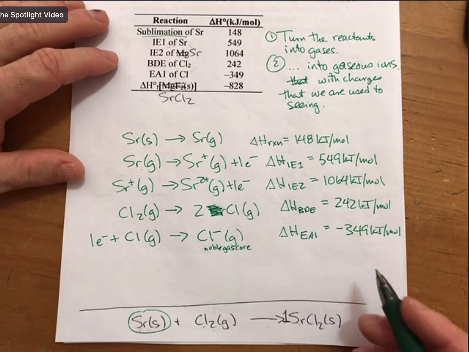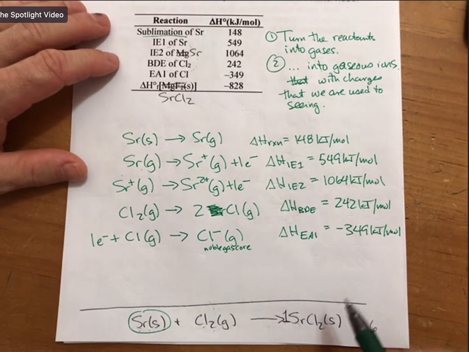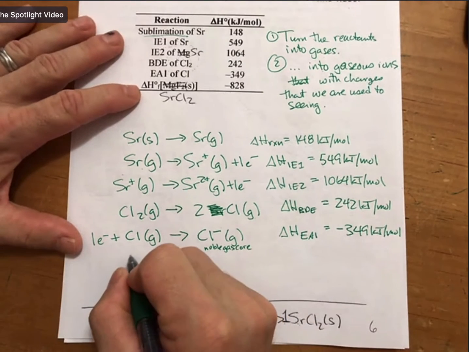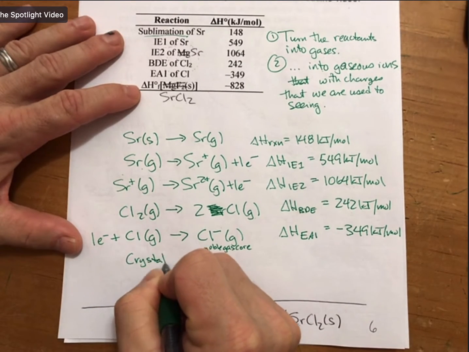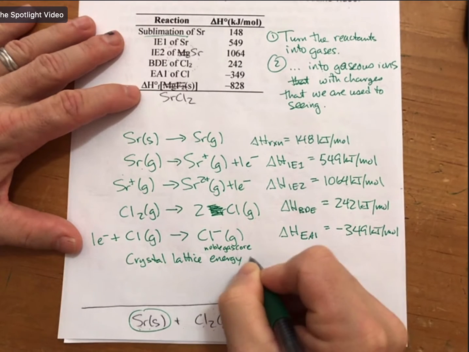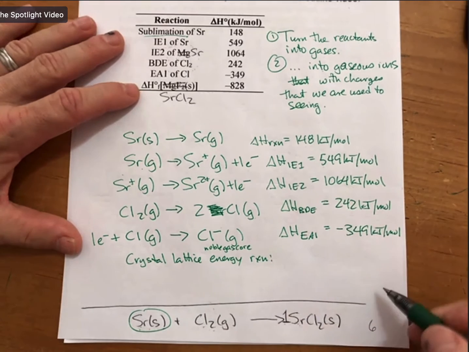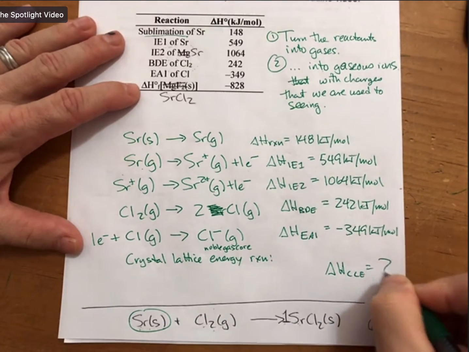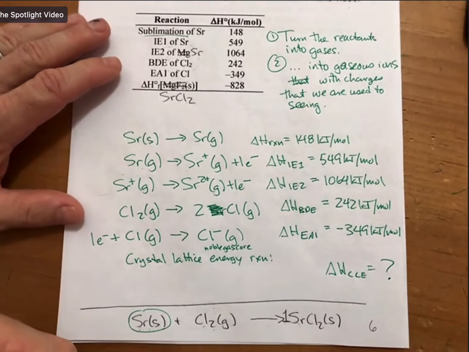Now, okay, we're finally ready. Our last reaction is called the crystal lattice energy reaction. And it's the only one, delta H CLE, that we don't know the energy of.